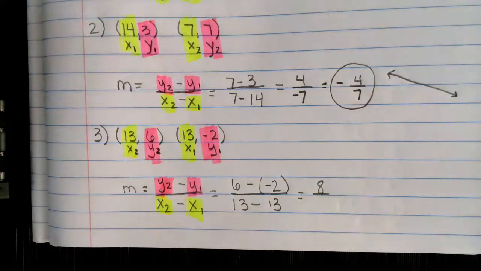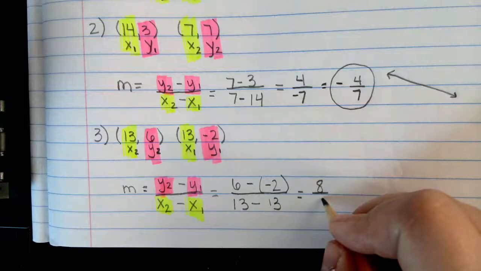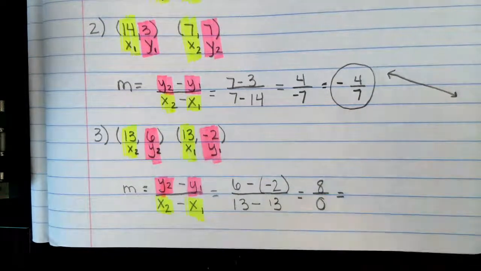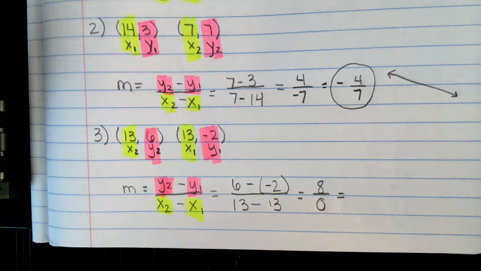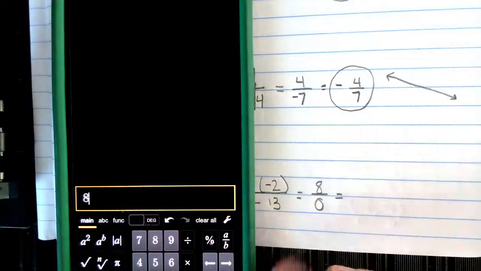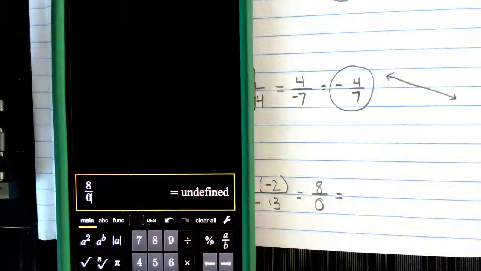13 minus 13 is 0. What's 8 divided by 0? 0? Is it though? 8 divided by 0. Can we divide by 0?